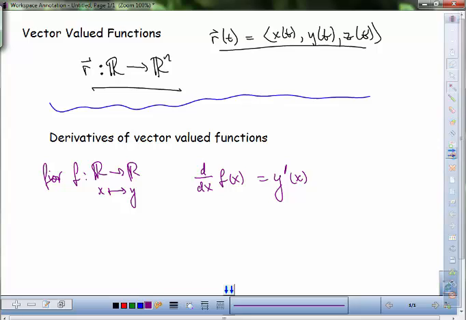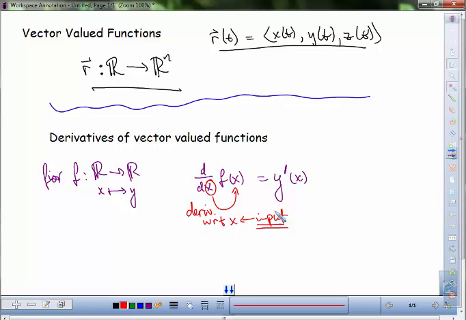But what's important to point out is that we're taking the derivative with respect to the independent variable, or the input variable. And then your output variable is whatever your output variable is going to be, and it's your derivative.